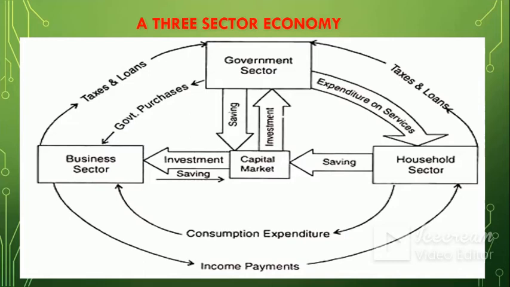So the government spends on social factors, so that there's an injection. They spend on building of infrastructures that creates employment. So this figure shows that taxes flow out of the household and business sector and go to the government.